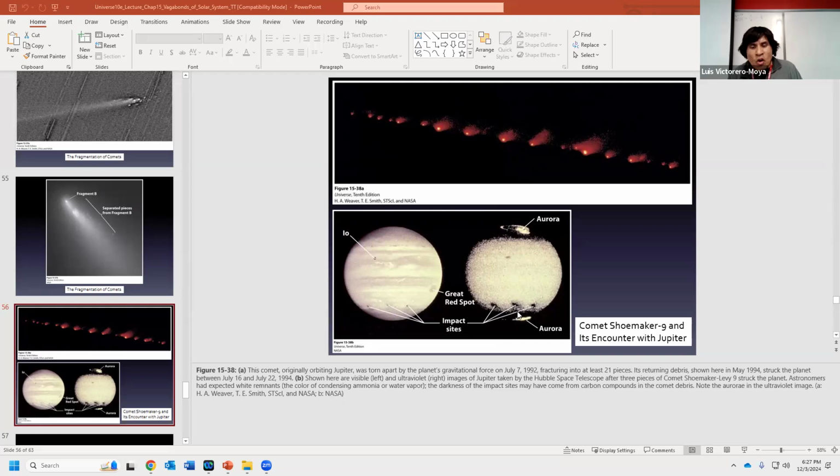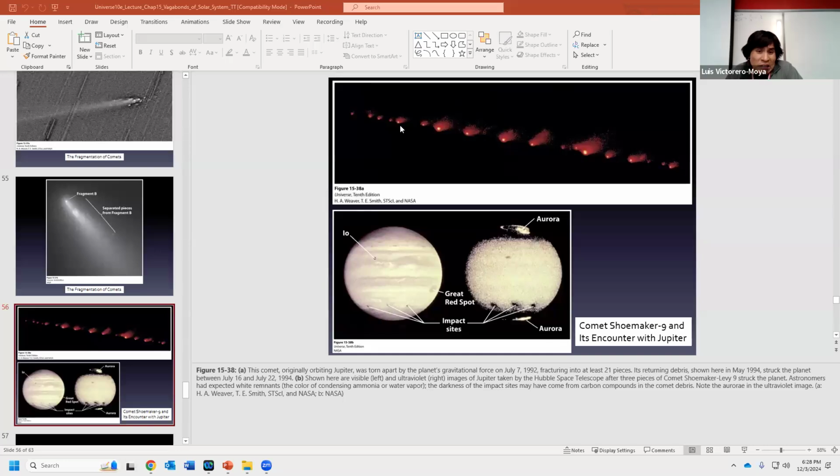So it left some evidence of the encounter. But because Jupiter doesn't have a surface per se, you can only see the effects of the comet on the upper atmosphere, right? Because of the strong gravitational pull and magnetic field of the planet, most likely the comet, which was already disintegrating, by the way, as it approached Jupiter, probably didn't even reach the interior of Jupiter before all these parts disappeared.